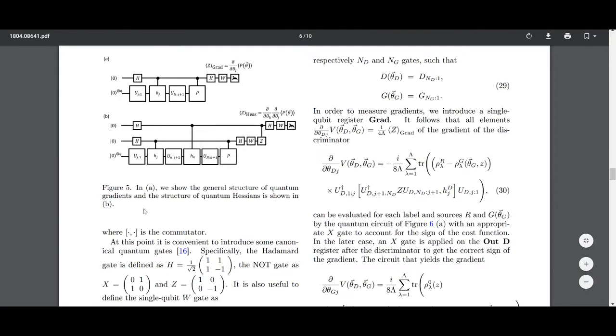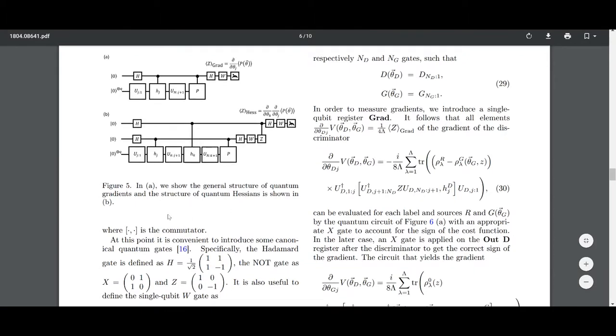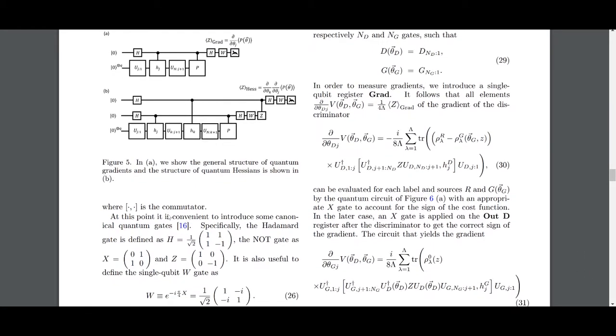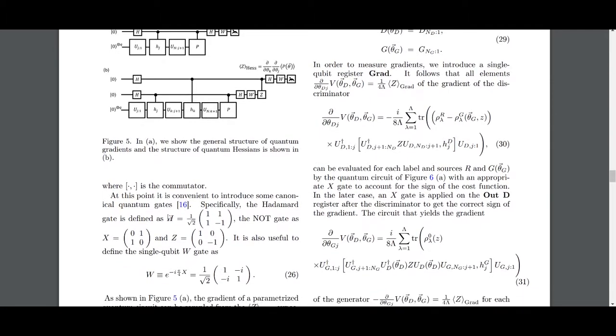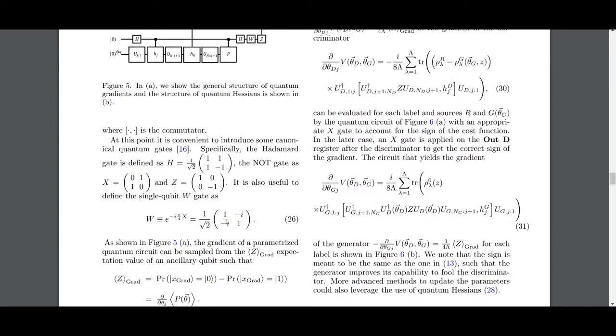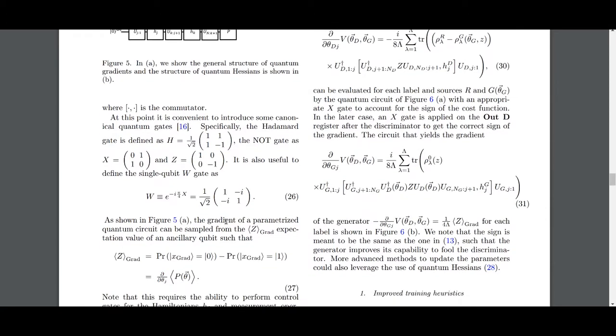We show the general structure of quantum gradients and the structure of quantum Hessians is shown in B. Commutator. At this point, it is convenient to introduce some canonical quantum gates. The gradient of parameters from the Z expectation value of an ancillary qubit such that this and that.